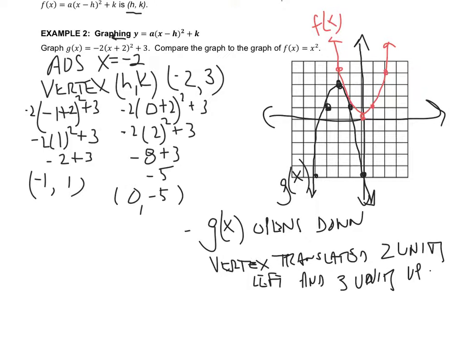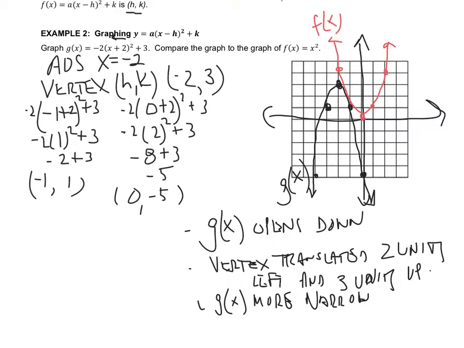So we want to kind of make sure that we notice that as well. And then lastly, g of x is more narrow. Again, that a value in the front being greater than 1, the absolute value being greater than 1, will cause it to open up quicker, which makes it more narrow.